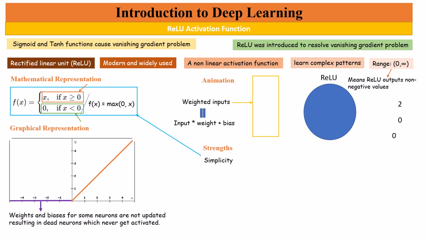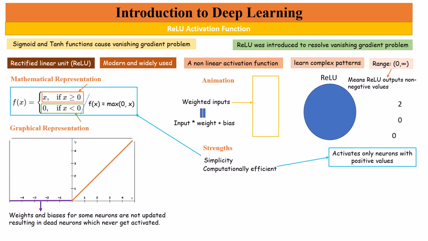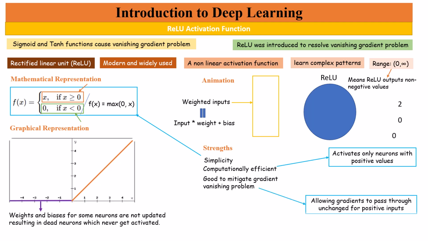Second, it is computationally efficient because it avoids complex mathematical functions and activates only neurons with positive values, while neurons with negative outputs are set to 0 and effectively ignored, reducing the computational load. Third, ReLU helps mitigate the vanishing gradient problem by allowing gradients to pass through unchanged for positive inputs, which helps in training deeper networks. Lastly, due to these advantages, it enables faster training, accelerating the convergence of neural networks.